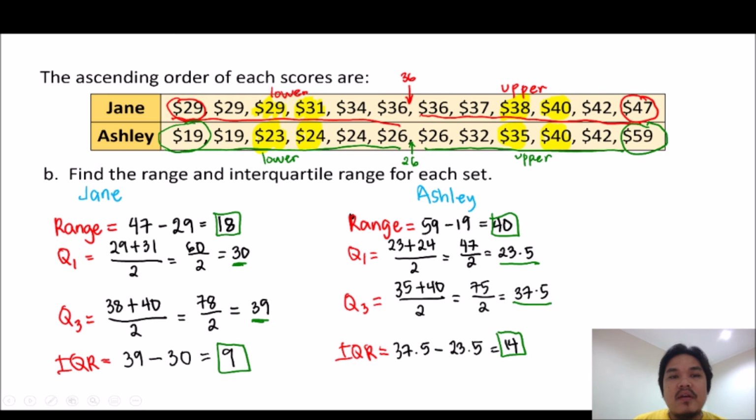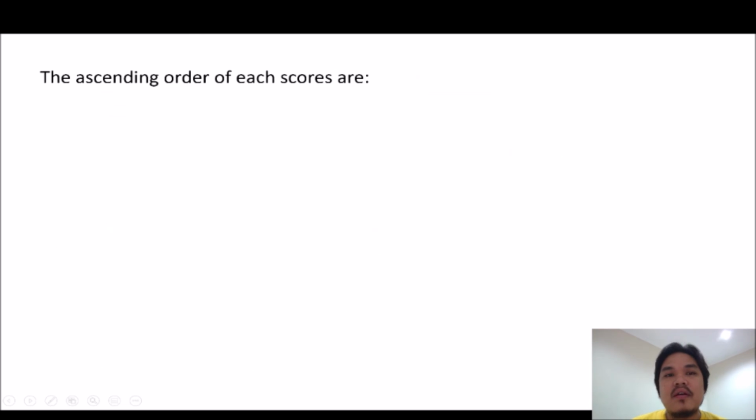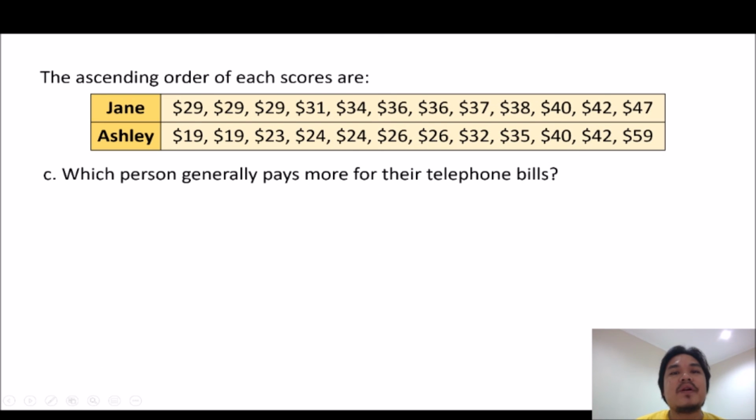So we already have our descriptive statistics, the value of the mean, the median, the range, and the interquartile range. So we can now answer the third and fourth question. The third question: which person generally pays more for their telephone bill? So we need to consider the value of the mean here. We will compare the value of the mean for Jane and Ashley's data.